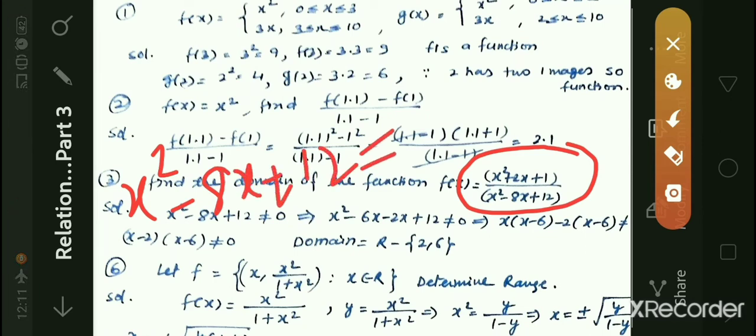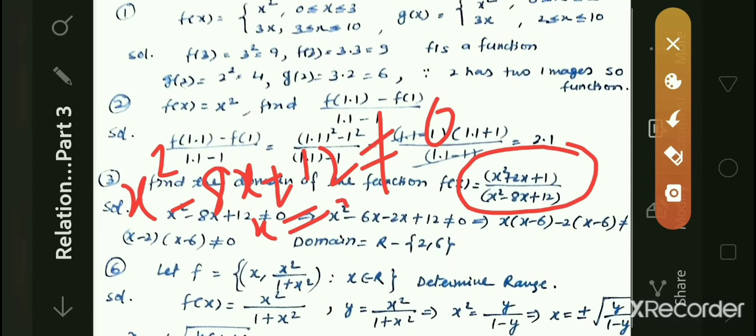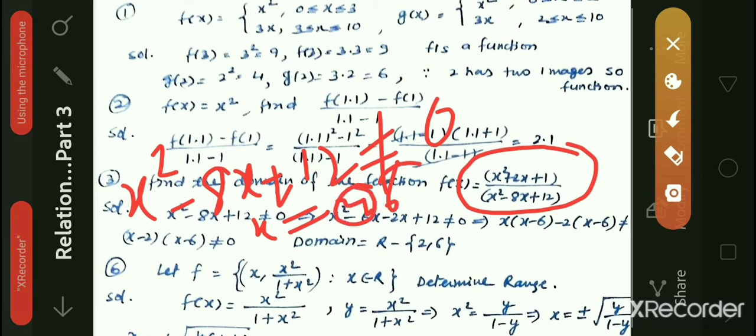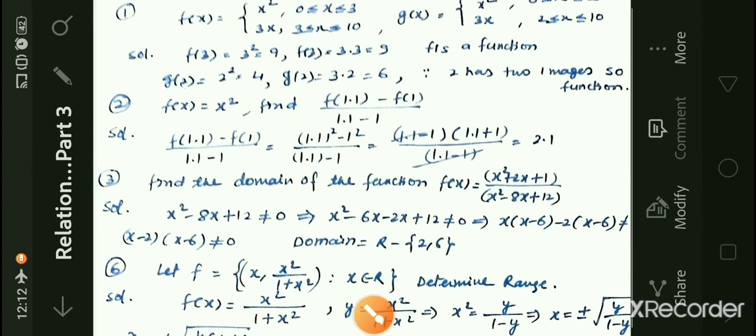So this cannot be 0, so solve it. After solving it, we shall get x is equal to 2, 6. So these are 2 points where the denominator becomes 0, so exclude these 2 points from the real numbers and you will get the desired domain. I hope it is clear to all.